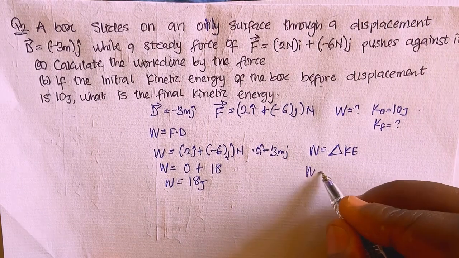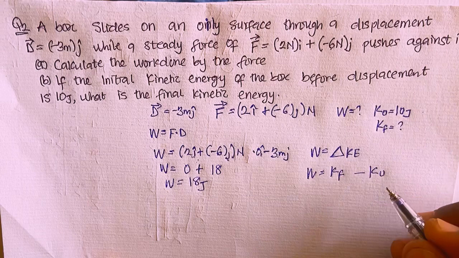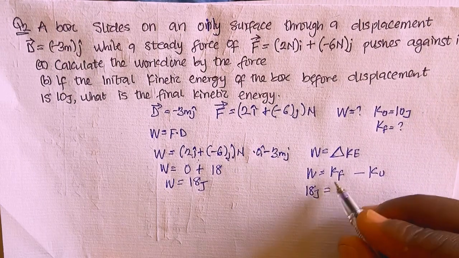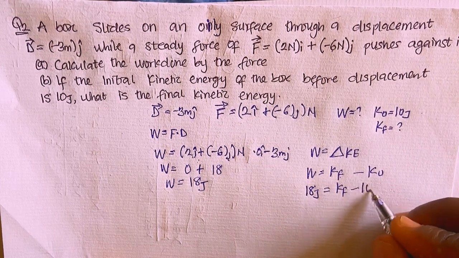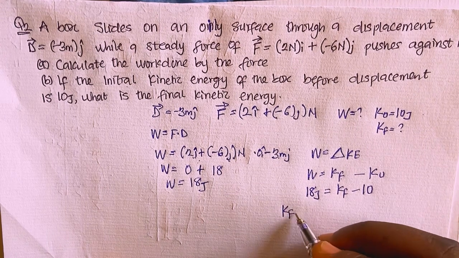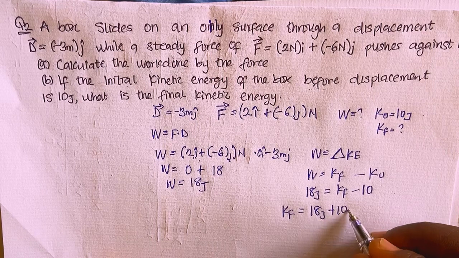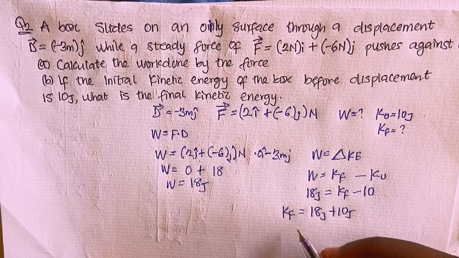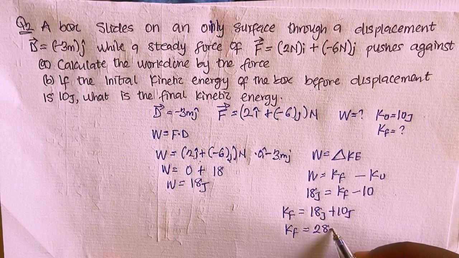Then work done equals final kinetic energy minus initial kinetic energy. Our work done here is 18 joule, which equals the final kinetic energy, unknown, minus the initial, which is 10. Then our final kinetic energy is 18 joule plus 10 joule, which equals 28 joule.